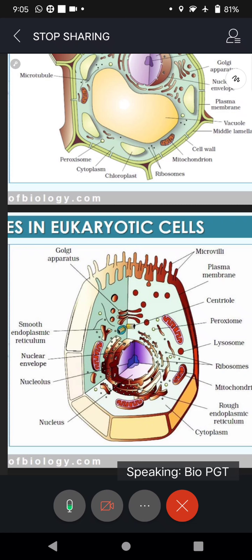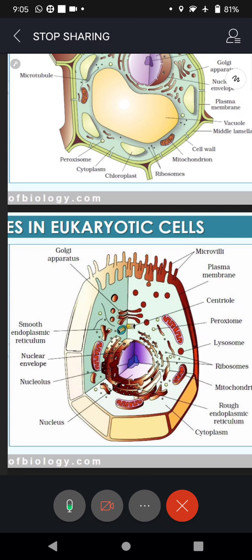Why? What is the reason? I just now told you. Presence of a big sized vacuole in plant cell will push the nucleus to one of the sides. Whereas in animal cell, that is not the case, because there is no presence of big sized vacuoles. The vacuoles are very small. Look at that labeling where vacuole is there.